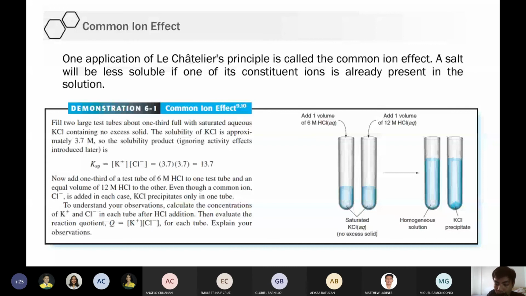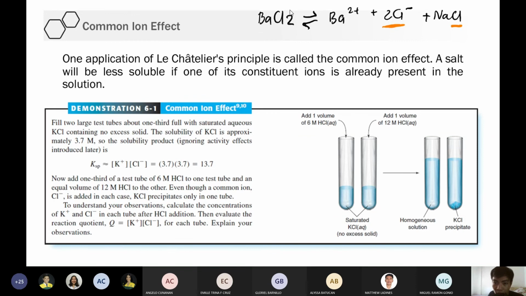Suppose we have barium chloride. Okay? If we write the equilibrium expression for barium chloride, that will be barium 2 plus and 2Cl minus, di ba? What if maglagay ako ng NaCl sa akin solution? Ano yung common ions ko dyan? Yung Cl. Okay? So ano mangyayari when I add Cl sa aking system? Imagine nyo yung water bucket.